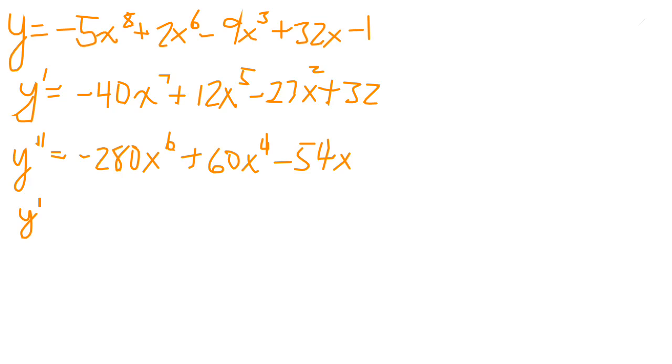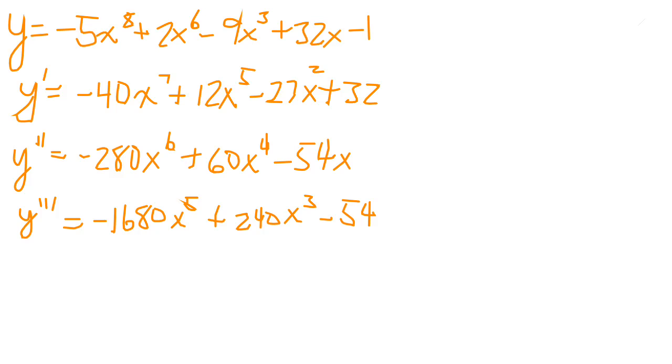The third derivative. The 6 comes to the front to multiply. I get negative 1680 x to the 5th plus 4 times 60 makes 240 x cubed minus 54.